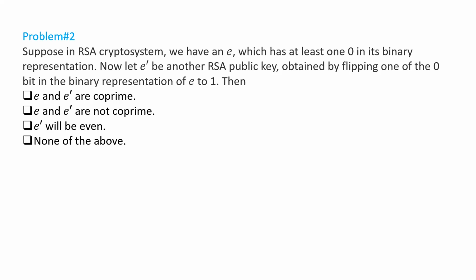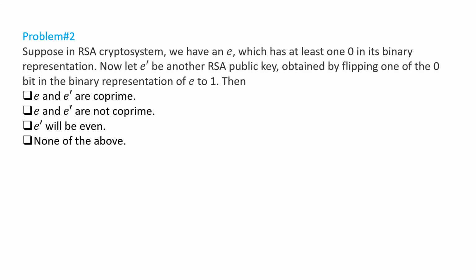So in the RSA crypto system, you basically choose two large primes P and Q, compute their product n equal to P into Q, and you also compute the value of phi n, which is the number of elements present in the set Zn star, or in other words, the number of elements in the set Zn which are co-prime to the number n, right? So phi n is computed, that is the Euler totient function, as p minus 1 into q minus 1.